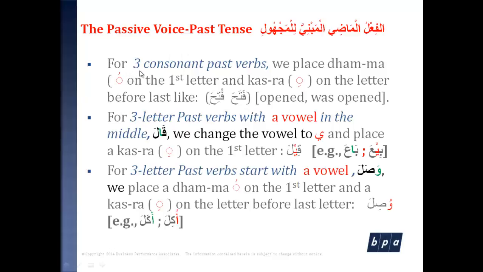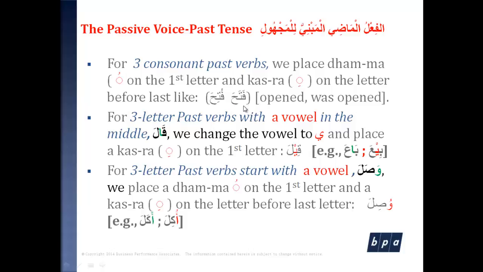For the three-consonant past verbs, the common ones that we discussed, we place a dhamma on the first letter and a kasra on the letter before last. So here, since we have three letters, we place a dhamma on the first letter. This is an example, fataha.